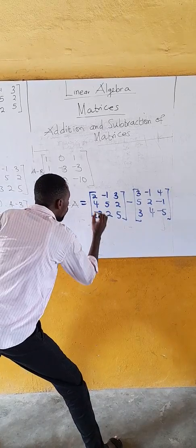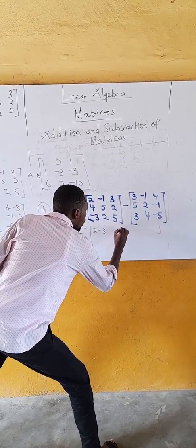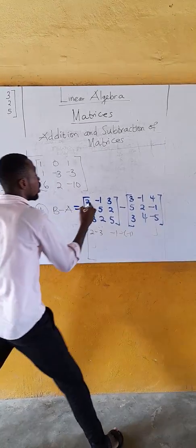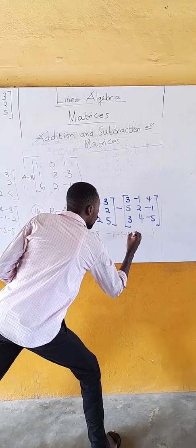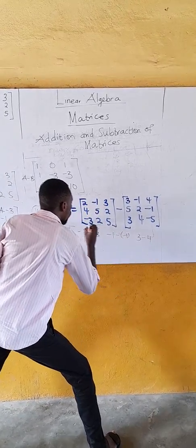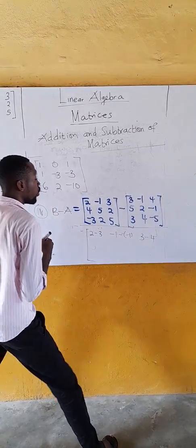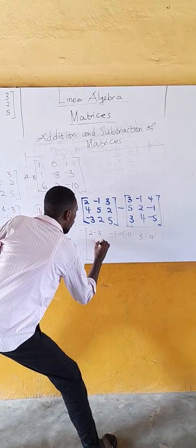So let's go. This will be 2 minus 3, negative 1 minus the negative 1, then 3 minus 4. Then what we have next? Well, 4 minus 5.